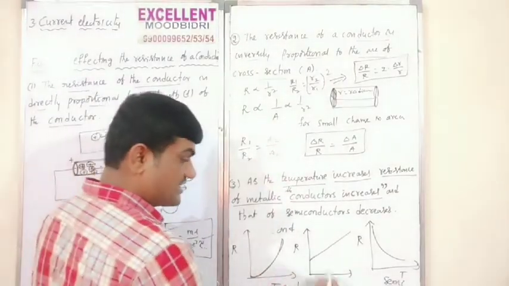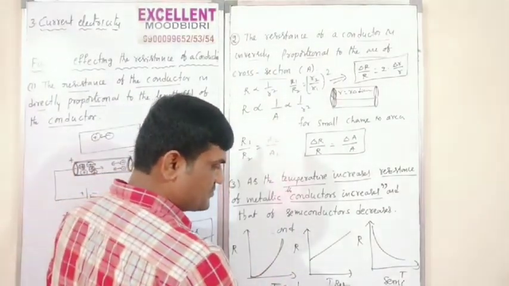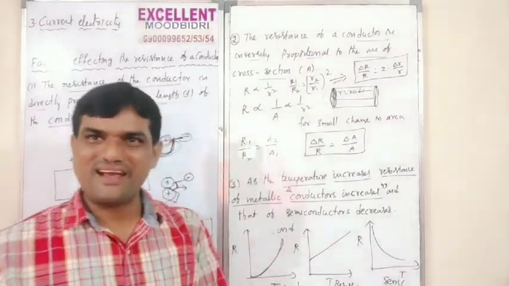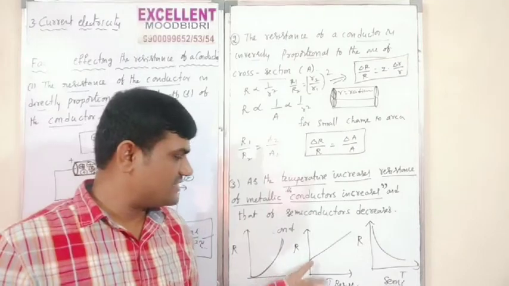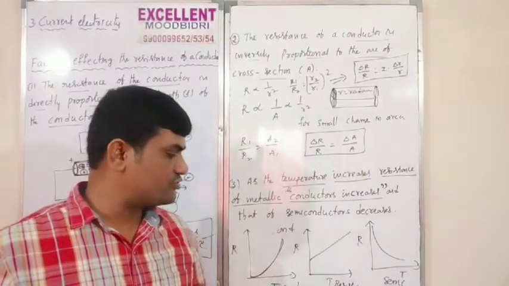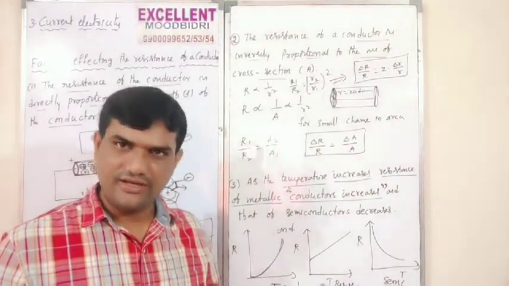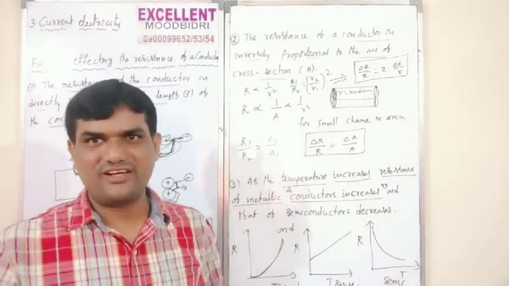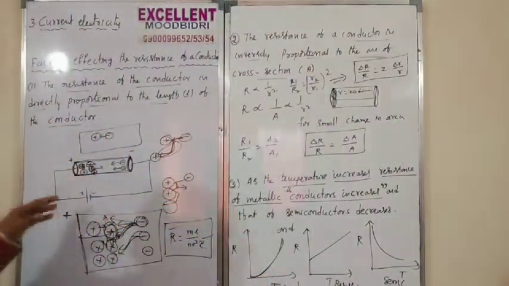These are the resistors, like nichrome, manganese, and so on. So the resistance is directly proportional to the increase in temperature. These are the factors. Are you clear? So I have given three factors.